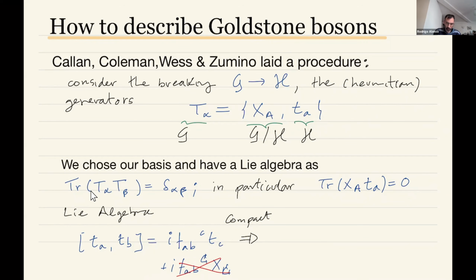But this also tells us something about other commutation relations, in particular if the group is compact. The structure constants are completely anti-symmetric.